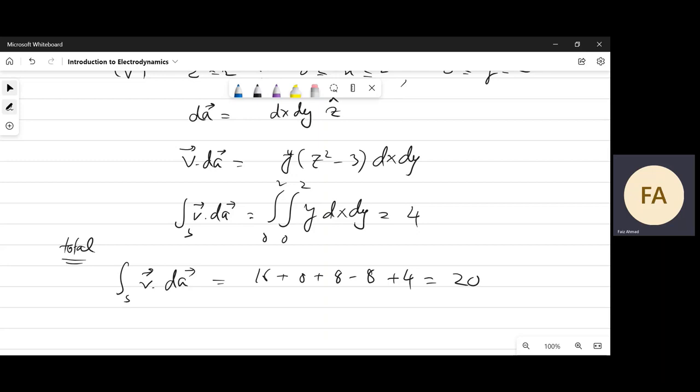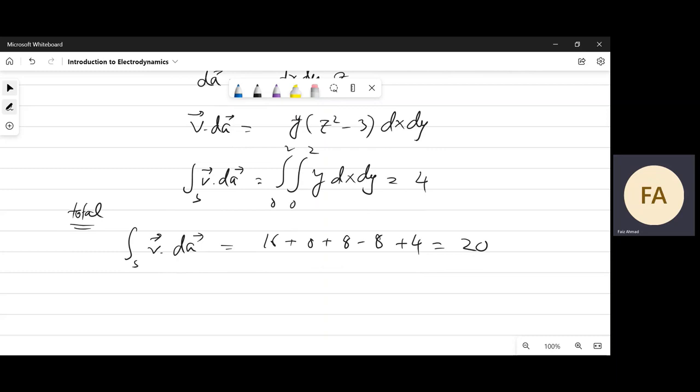So the total flux is 20, and it came out positive. And if we have to compute the lower side, that bottom side, then it will be different.